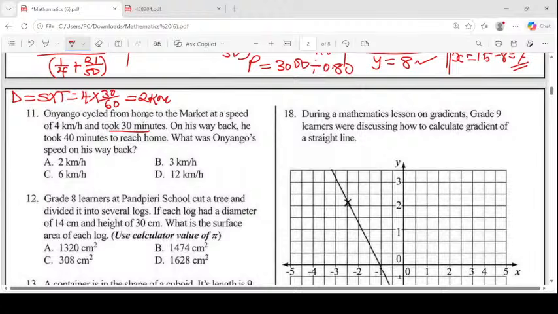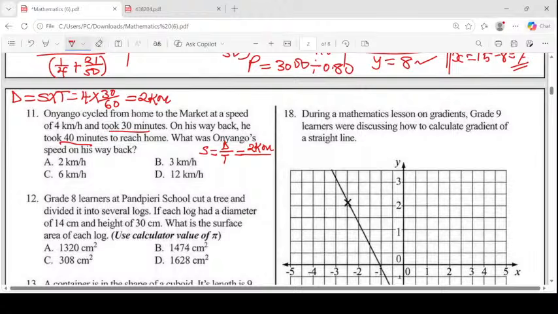Now that we've gotten this as our distance, dear learners, on his way back, the distance from home to the market is 2 kilometers, so even coming back from the market to home, you have to cover the 2 kilometers. But it took now 40 minutes. Now the speed is given by distance over time. The distance remains 2 kilometers divided by the time, which is 40 minutes.